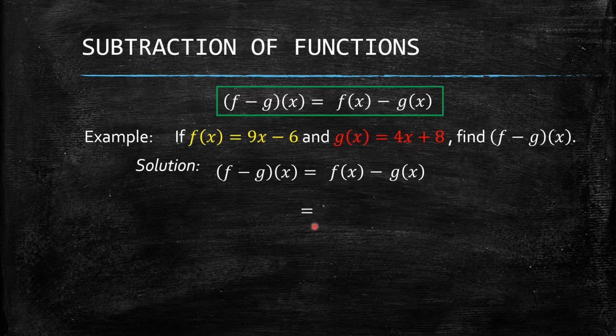So first is to substitute the values of f of x and the value of g of x. For f of x, we have the yellow one, so that's 9x minus 6, minus the g of x, we have 4x plus 8.